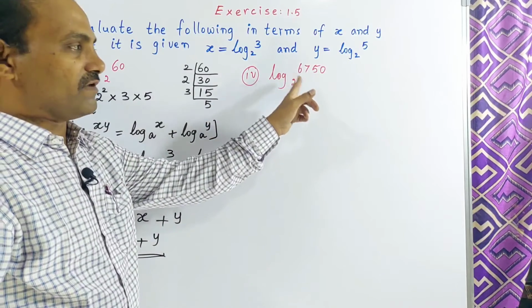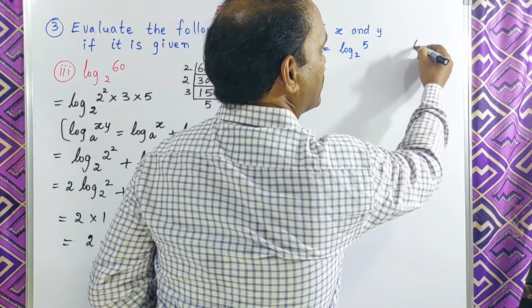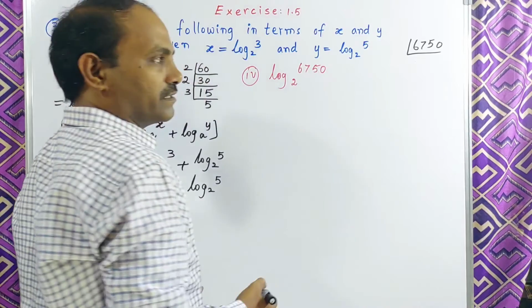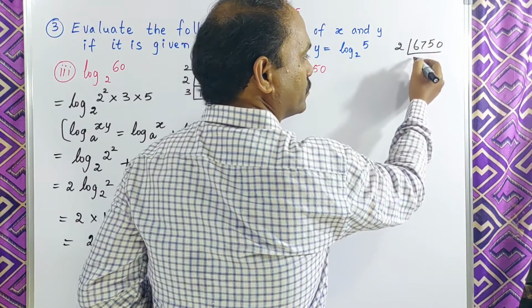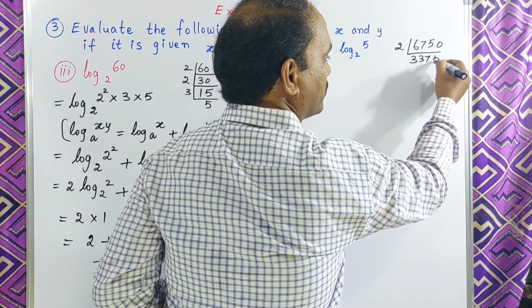Let us check the next one. One big number is given, 6750. First we should divide it into prime factors. 2 is an even number, so 2 times 3375.